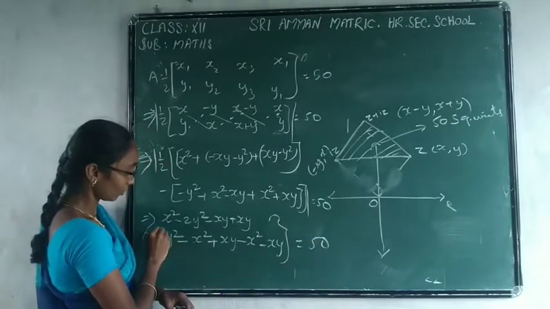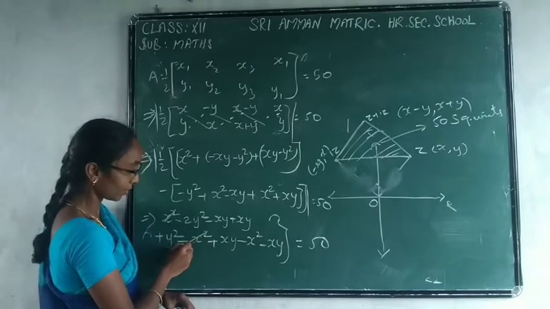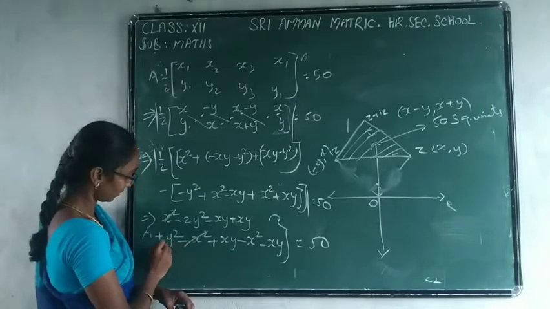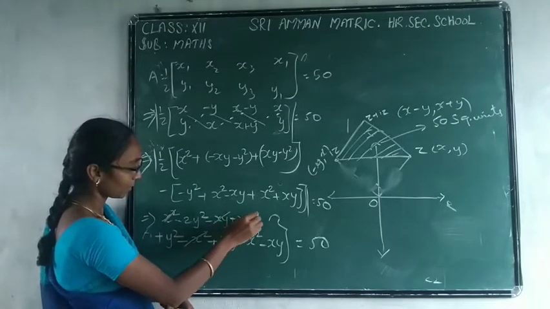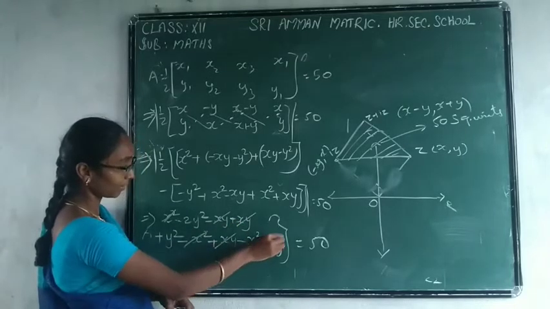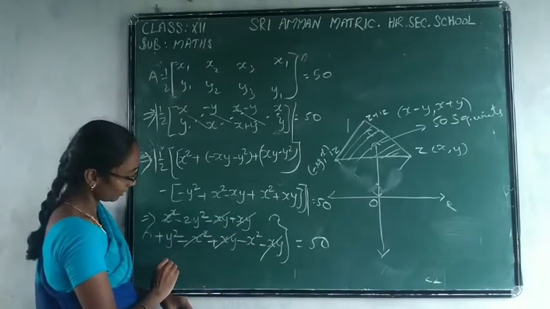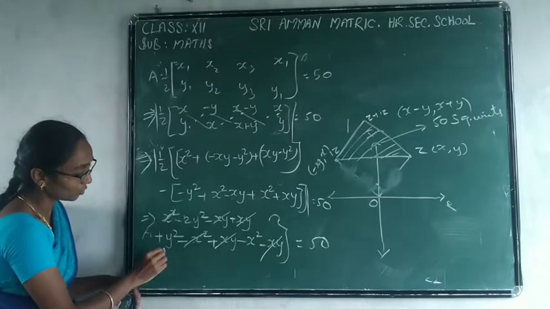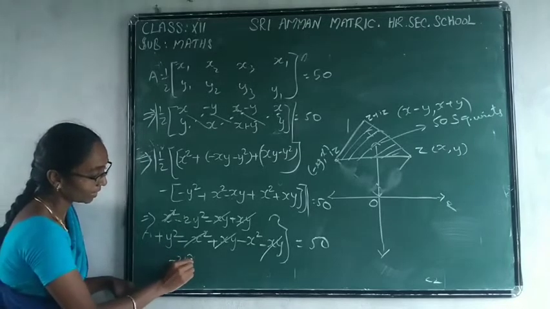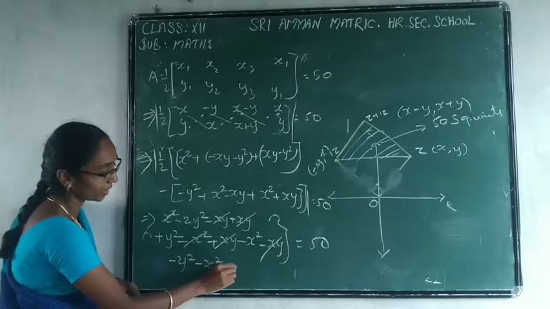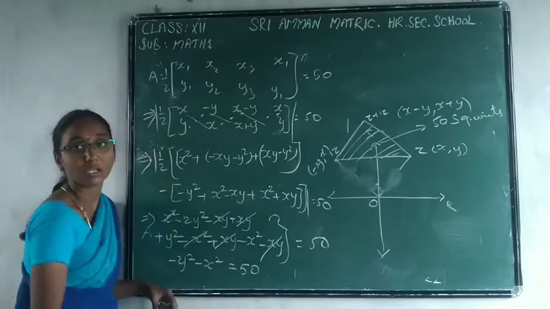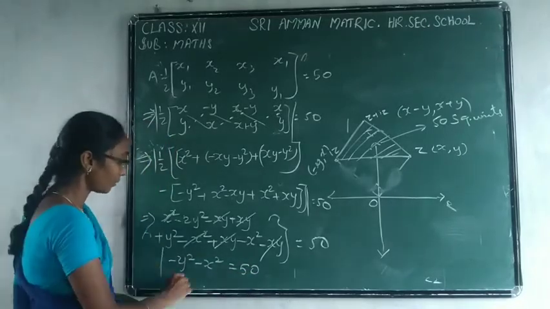Okay, so x squared minus x squared cancels, and minus xy plus xy cancels, plus xy minus xy cancels. Remaining you have minus 2y squared minus y squared and then minus x squared, equal to 50. This is the modulus.